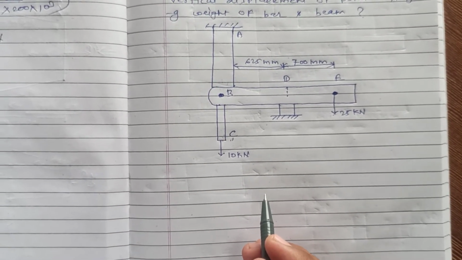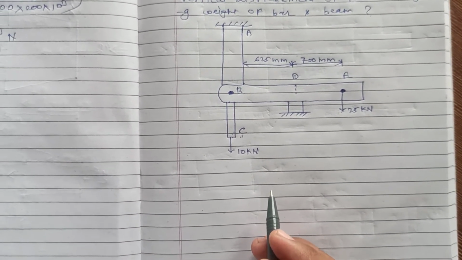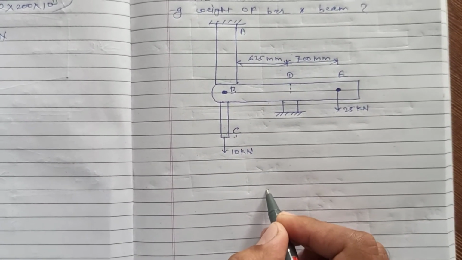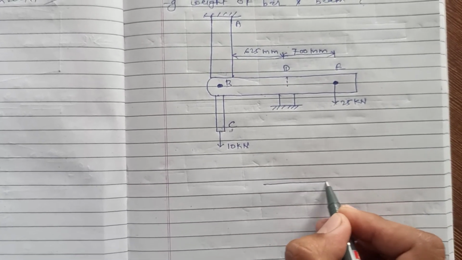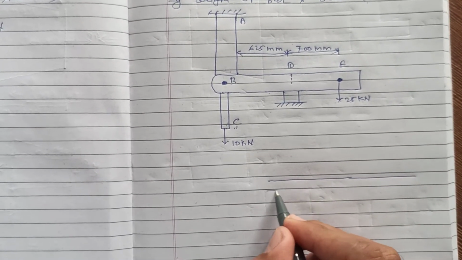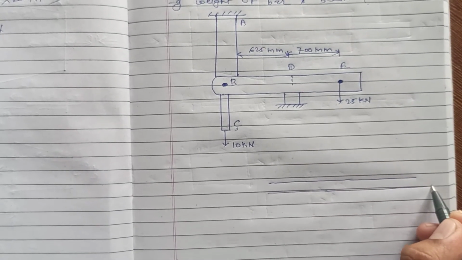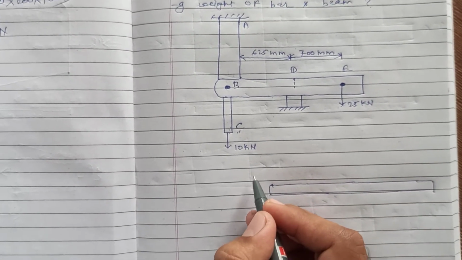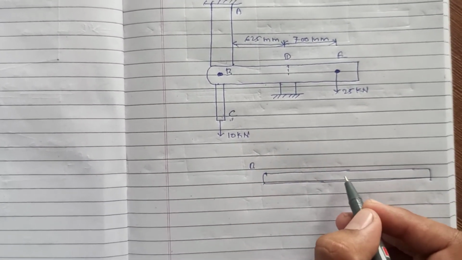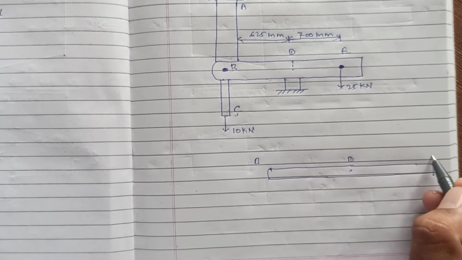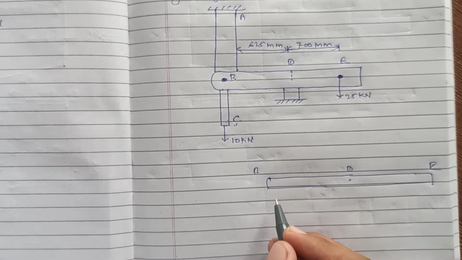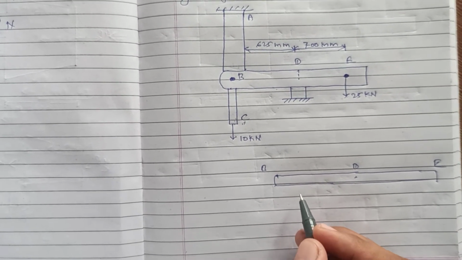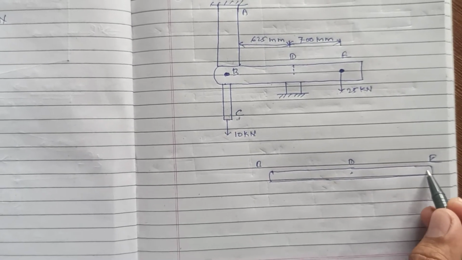So first of all we will draw the free body diagram for element BDE. This is B, this is D and this is E. We will show some reactions.